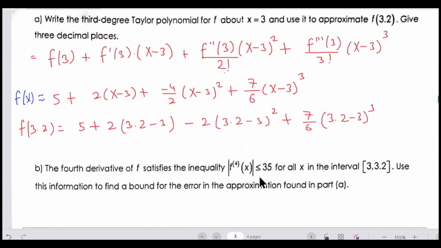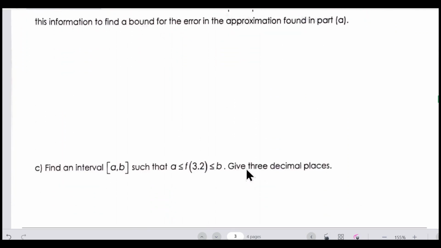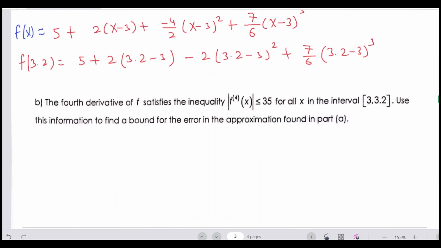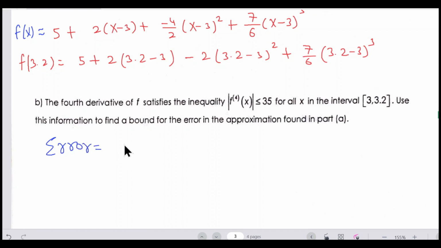Lagrange. The fourth derivative satisfies this inequality. Use this information to find a bound for the error in the approximation found in A. So they are looking for the error. We know that the maximum error is given by the absolute value of the maximum of the fourth derivative of the function at some point z over 4 factorial.